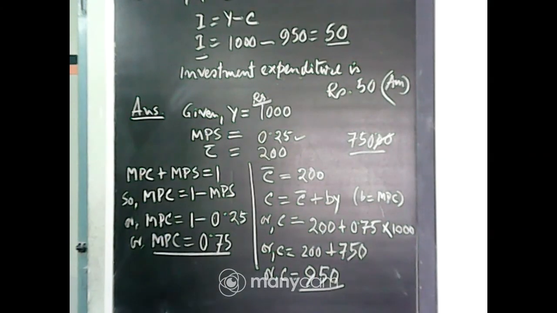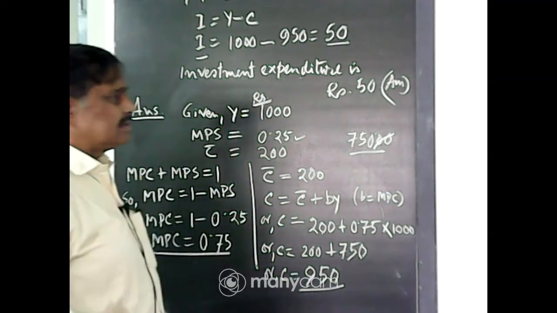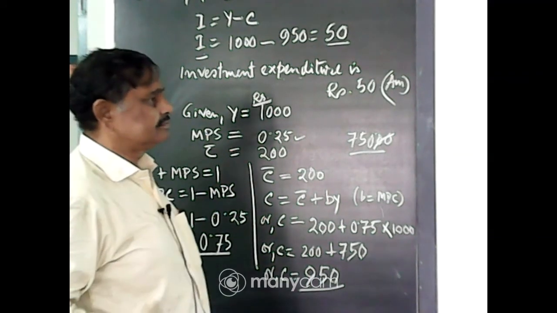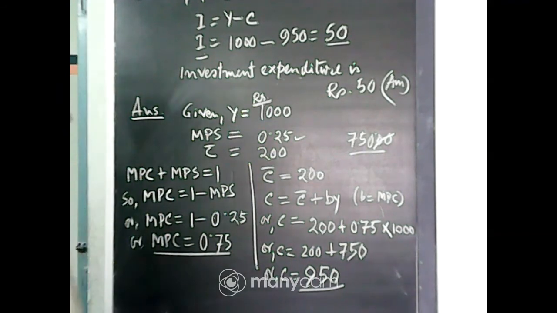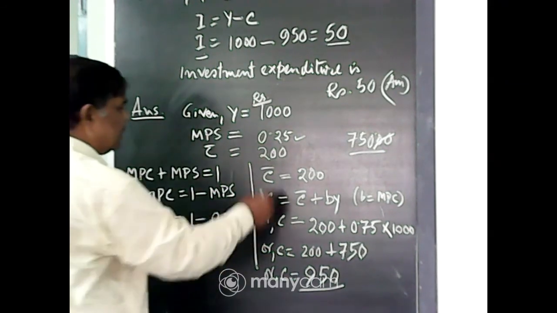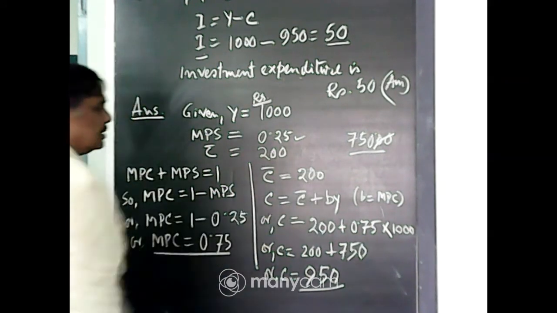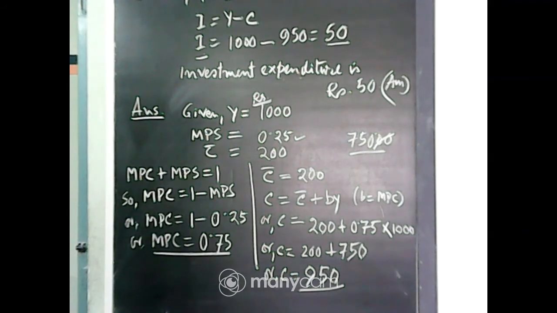Is there any query? So see that if you want to calculate C, you have to calculate in this method. That is C is equal to C bar plus bY, and b is the MPC, and then you just put the values of all these and you will get the result.